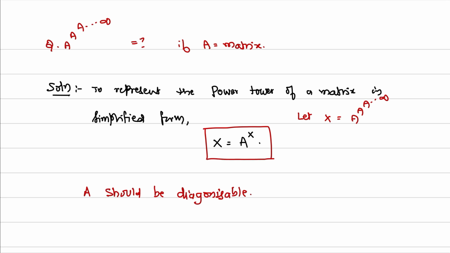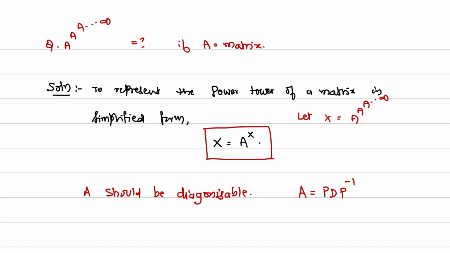That means A should be represented in this form, P D P inverse, as I explained in the last class, where D is the diagonal matrix, and P inverse I also defined.